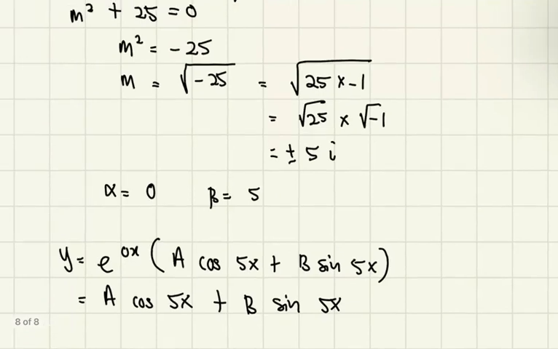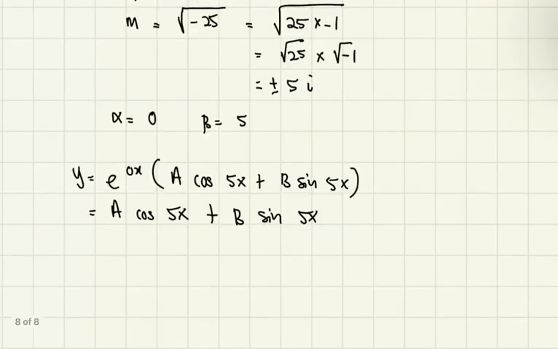Then to substitute the initial condition, you must have a y prime. So differentiate a cos 5x. Differentiate cos, you get minus sine 5x multiplied by 5, differentiating 5x gives 5, plus b.